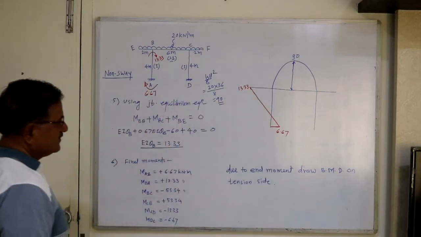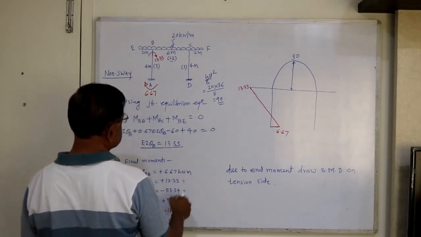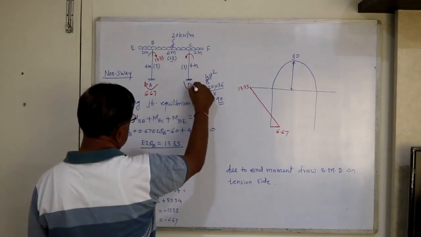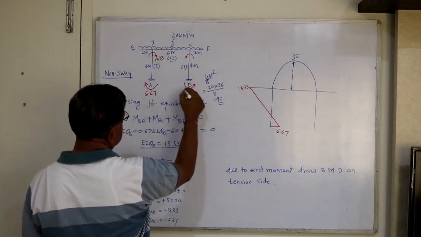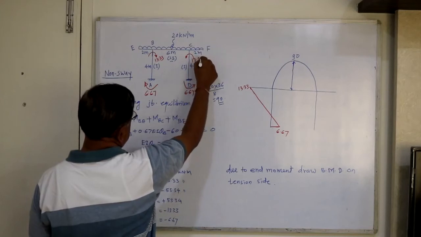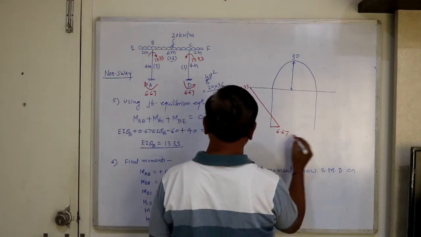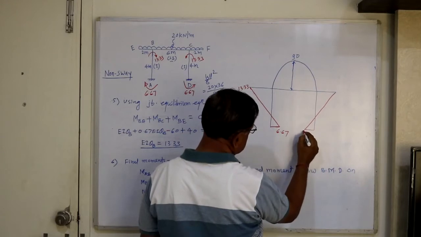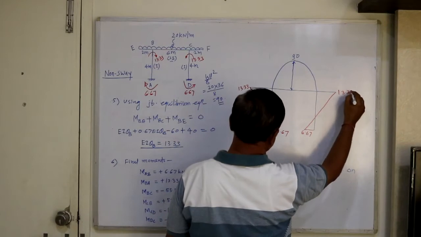Similarly here, MCD and DC, CD is anti-clockwise, this is also anti-clockwise. This causes tension in the outward fiber, this causes tension in the inward fiber. So let's draw the ordinates. This ordinate is inside, this is inside and this is outside. So this is 6.67 and this is 13.33.